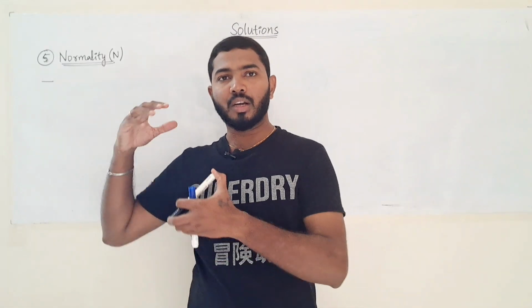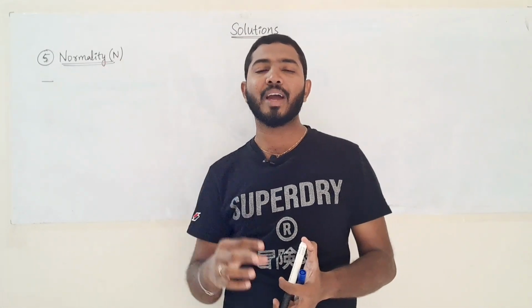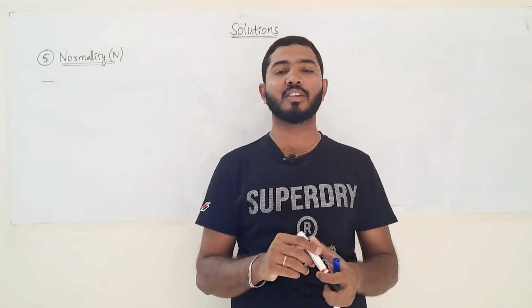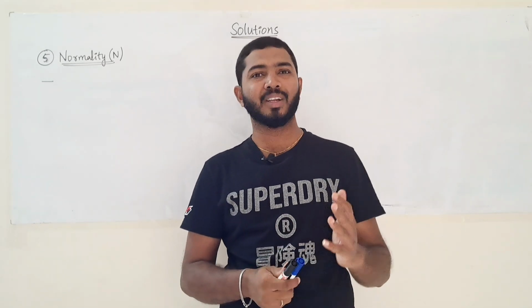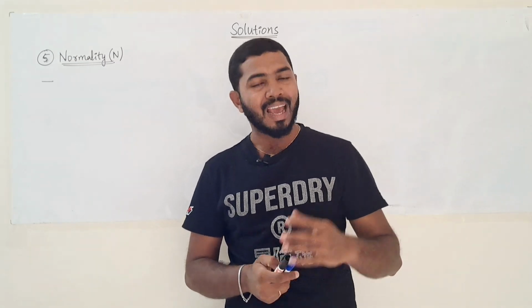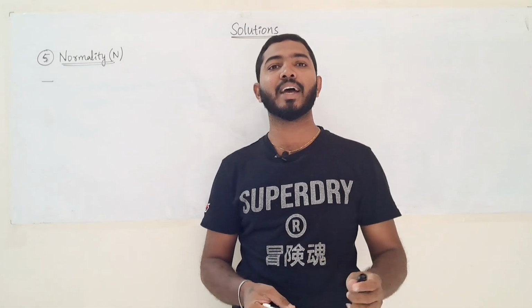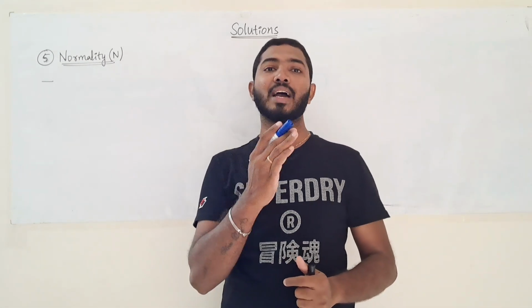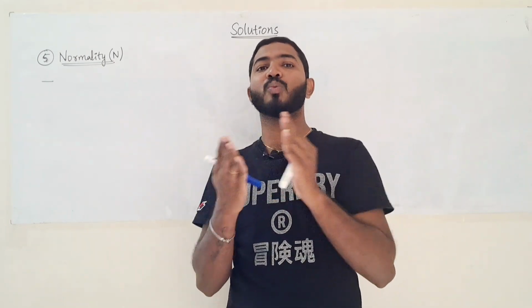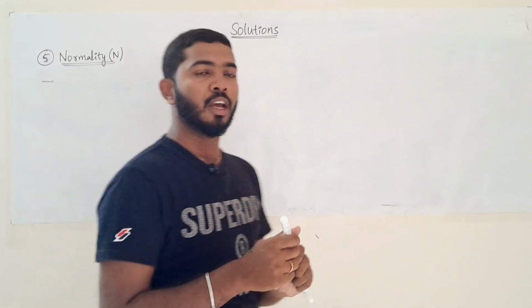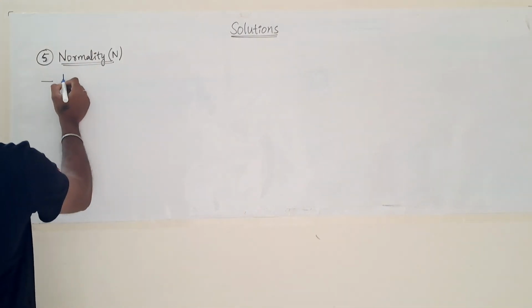What exactly is normality? To discuss it, let me go back to molarity. We have discussed that molarity is the number of moles of solute present in 1 liter of solution. Similarly, normality can be defined as the number of equivalents of solute present in 1 liter of solution. So in place of moles, we are going to consider the equivalents. Let me give you the definition here.